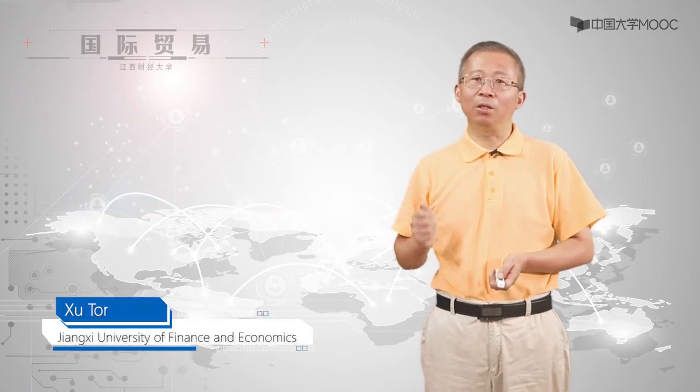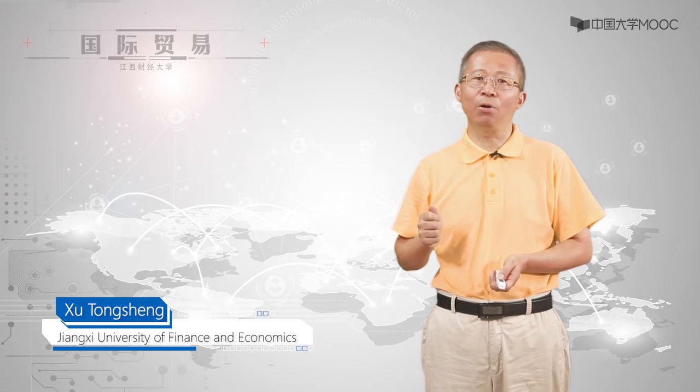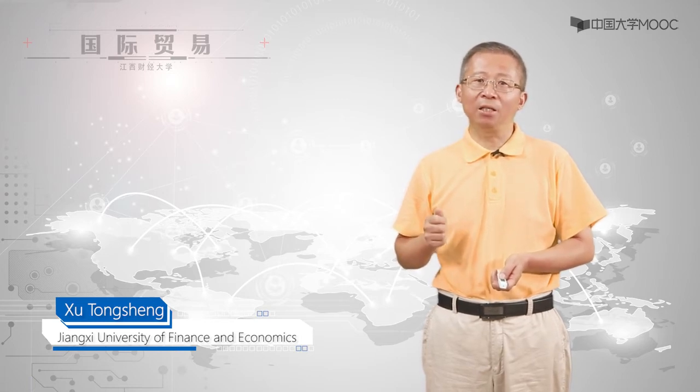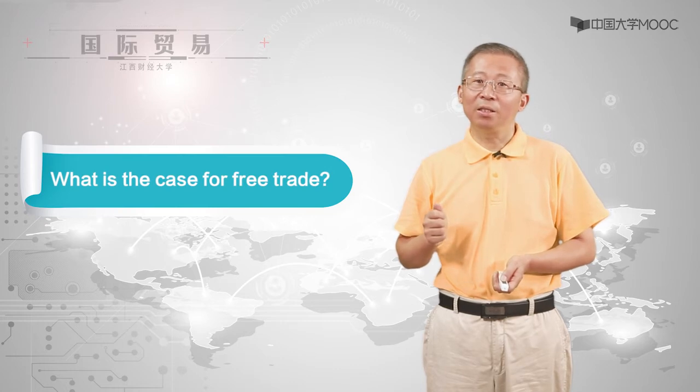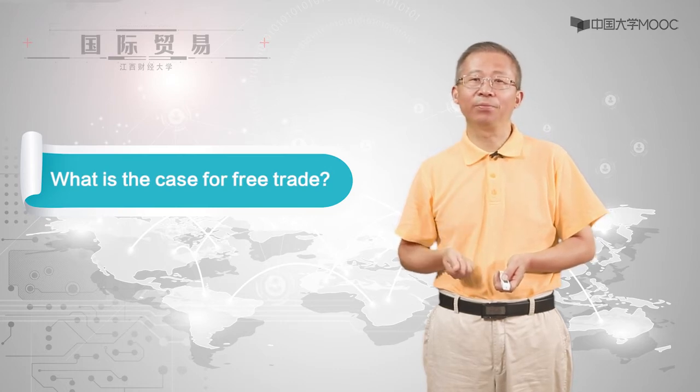But the first step toward understanding actual trade policies is to ask what reasons there are for governments not to interfere with trade. That is, what is the case for free trade?